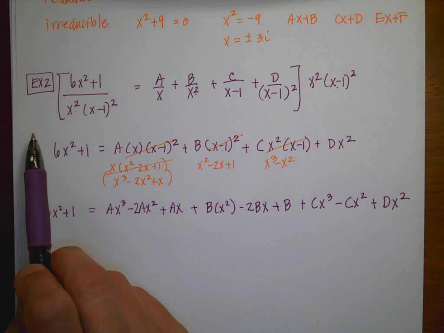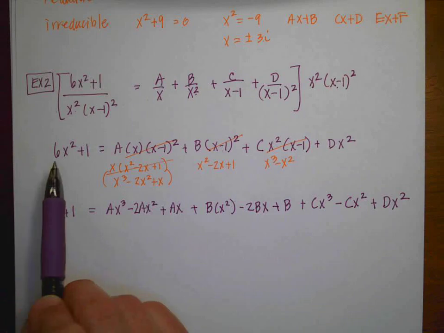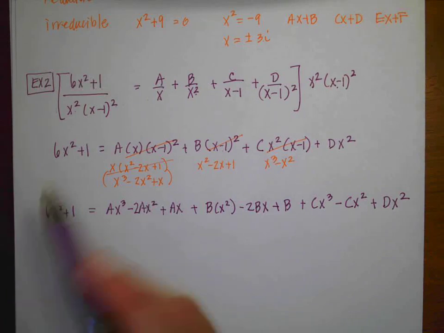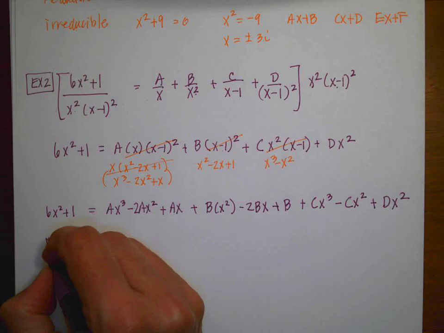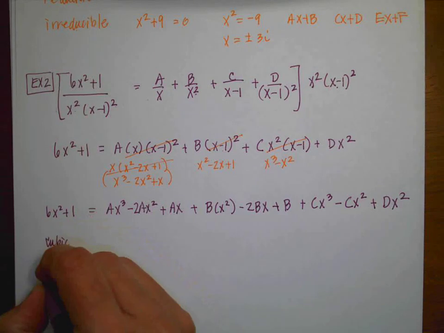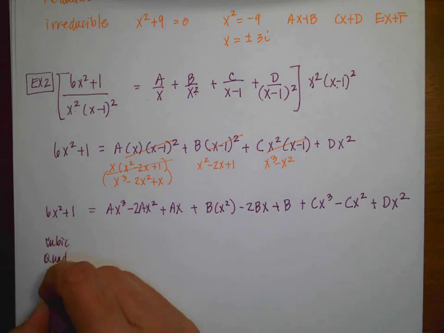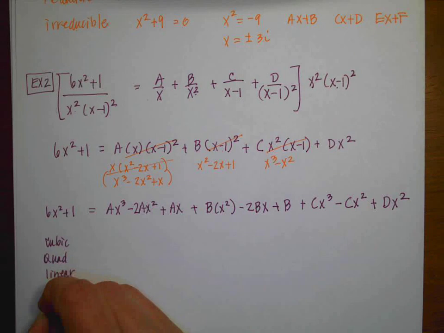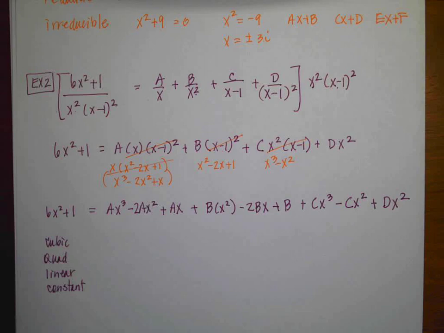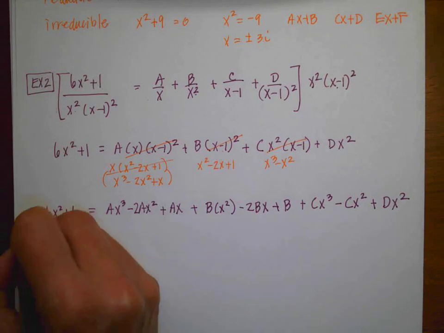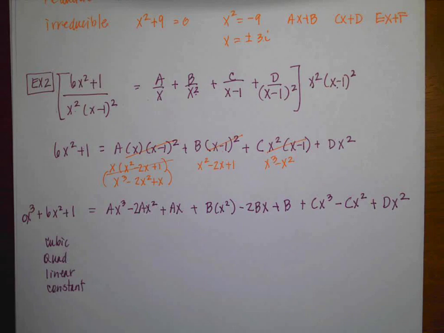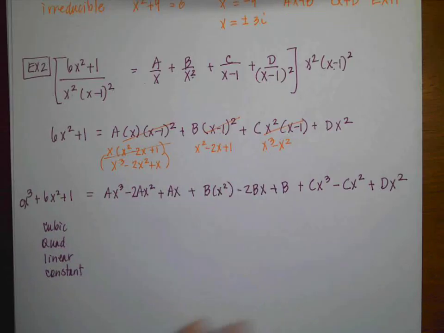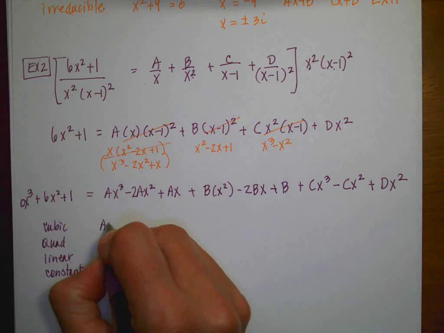Now, if you'll notice in this one, in the last problem, the example that we did, we had linear and constant. For this one, we're going to have cubic, and then quadratic, and then linear, and then a constant. So we're going to write 4 equations this time. I always start with the highest degree, and notice that there is not a cubic term over there, so we'll just give it a 0.